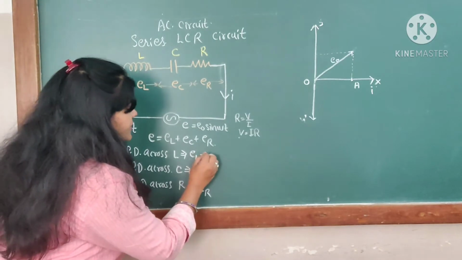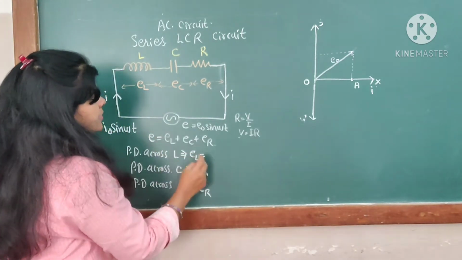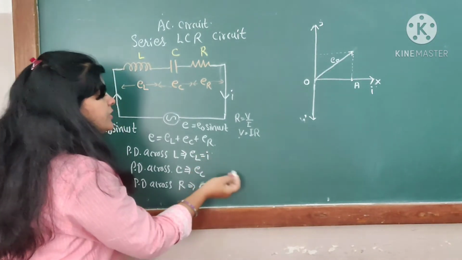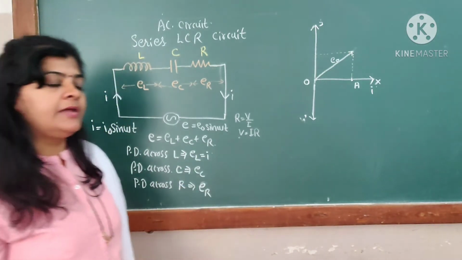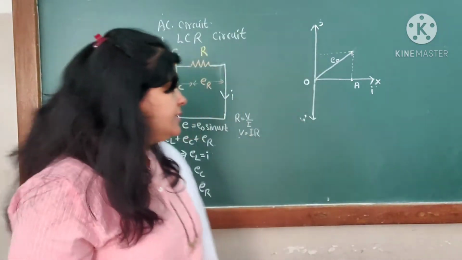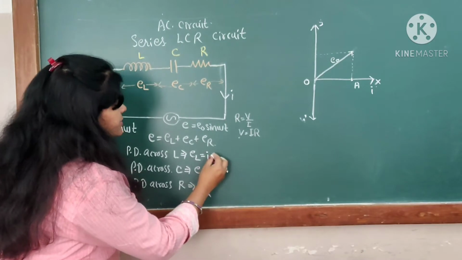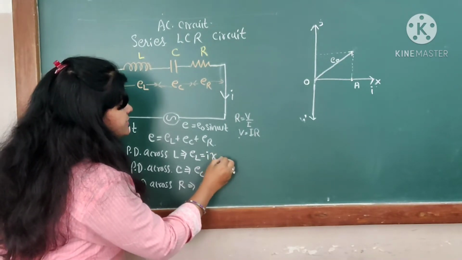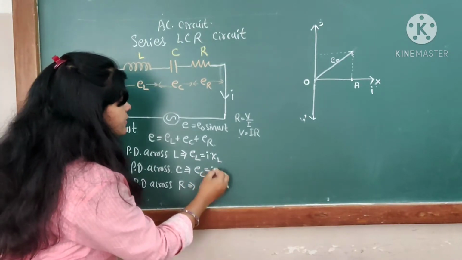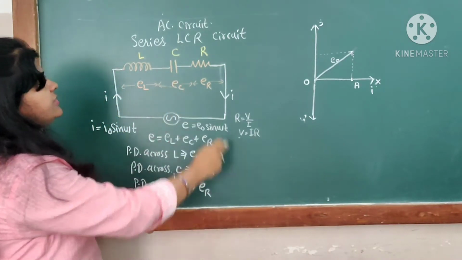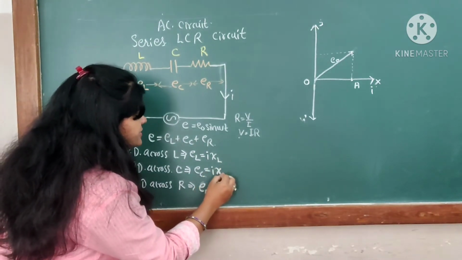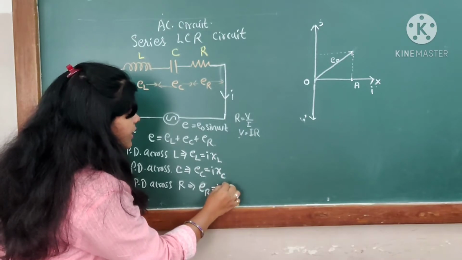Like that, the potential drop across the L is the current I into the resistance given by the inductor, which is called the inductive reactance, denoted by XL. Next, the current into the resistance given by the capacitance is called the capacitive reactance, that is XC, and here it will be IR.